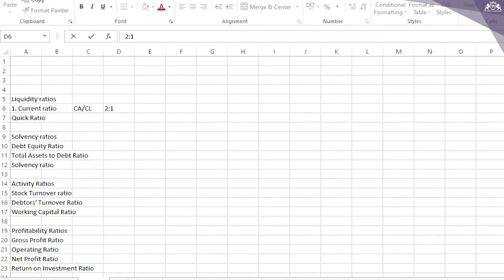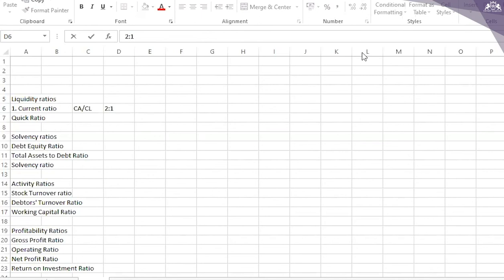That means I should have twice the amount of money in my business to pay off my liabilities. Clear? So this is the current ratio.